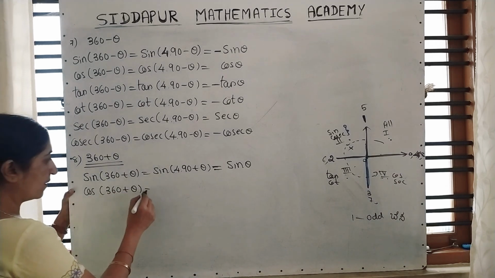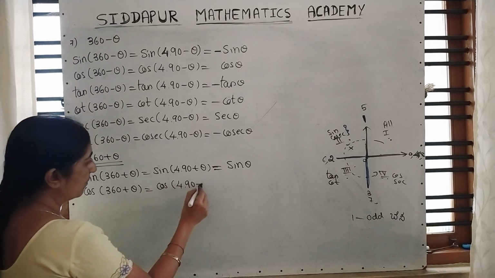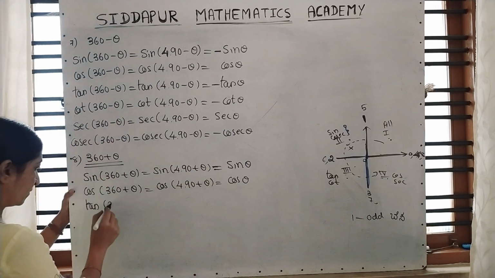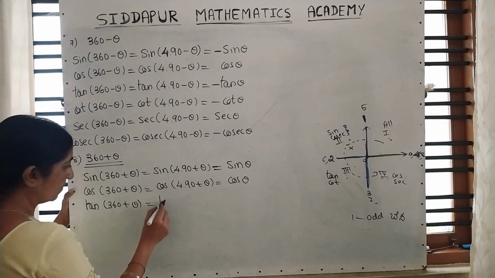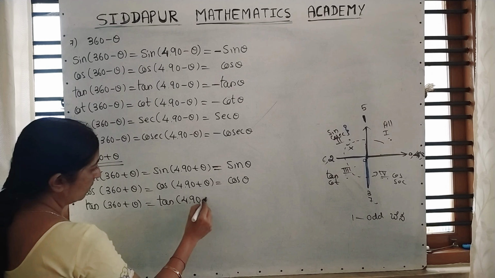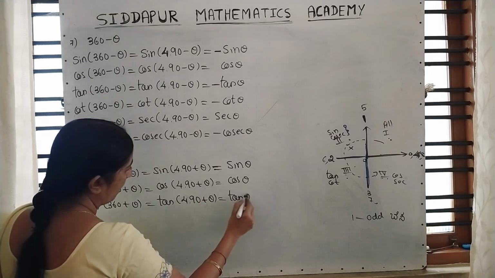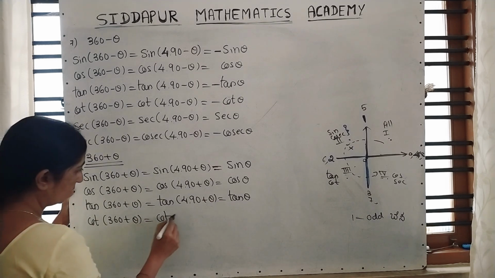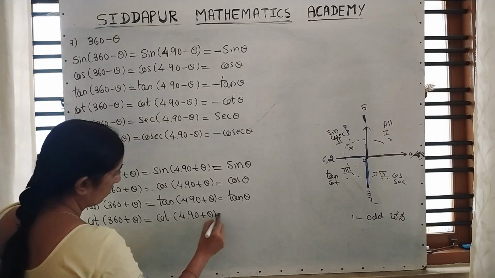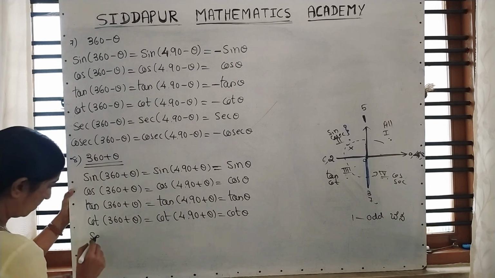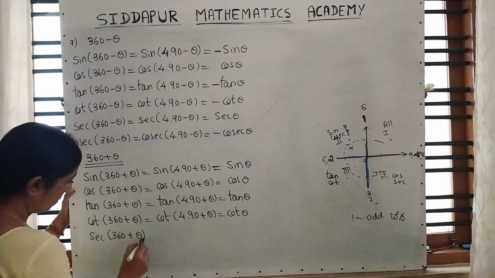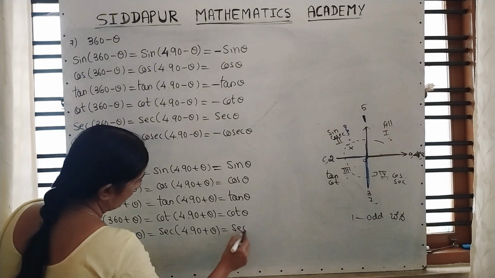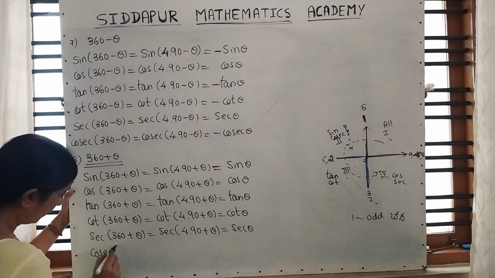Like that, the remaining. 4 into 90 plus theta, 4 is even, cos remains cos. Because of the even number, all trigonometric terms remain as they are.